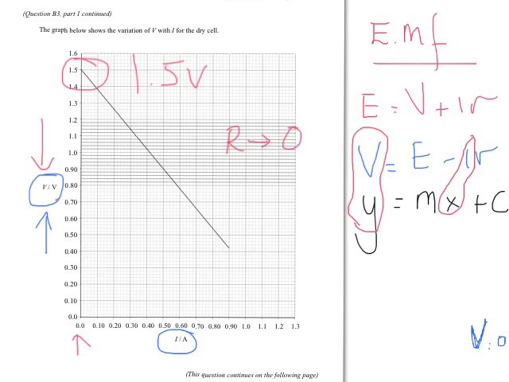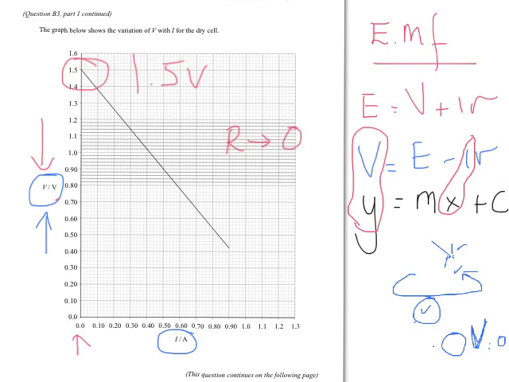If the external resistor is 0, it would mean that all the energy of the battery would be used and transferred in the internal resistance. Because remember, voltage in series is shared. So you would have voltage here and voltage here, split. But if this is 0, then you would have nothing here and all of it here.